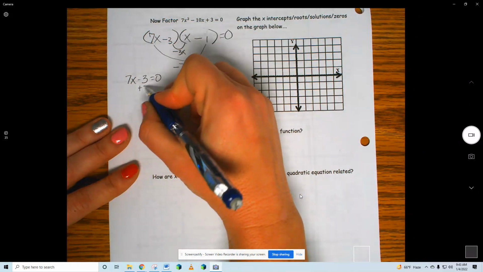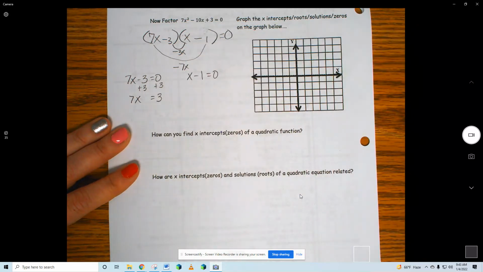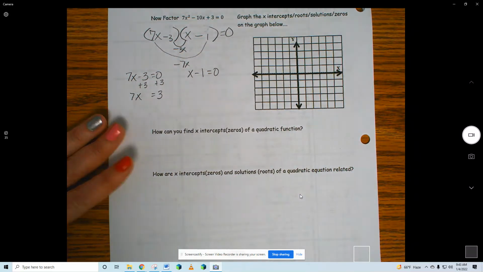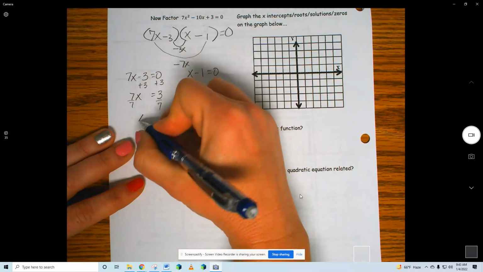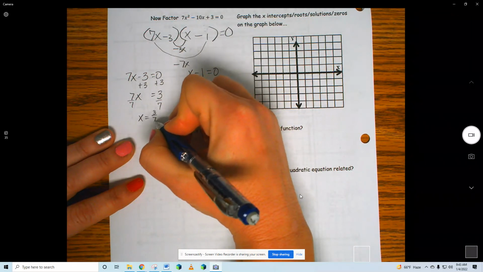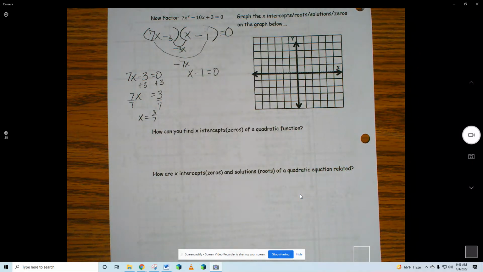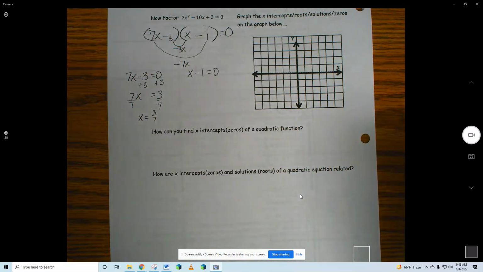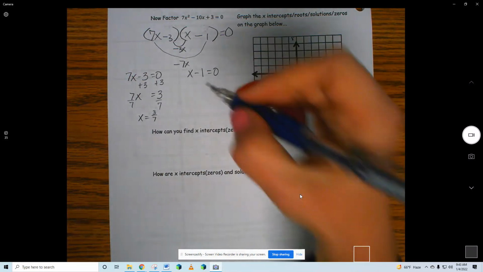So you add 3 to both sides. 7x equals 3. Divide by 7. x equals 3/7. 3/7 isn't even up to 1. That's really small. Next, add 1.